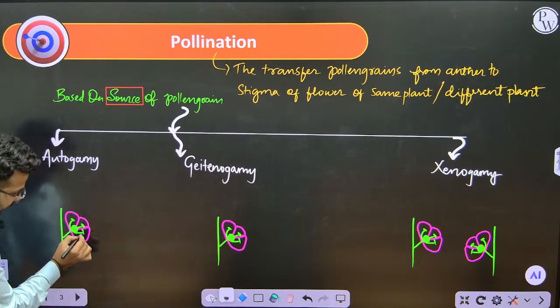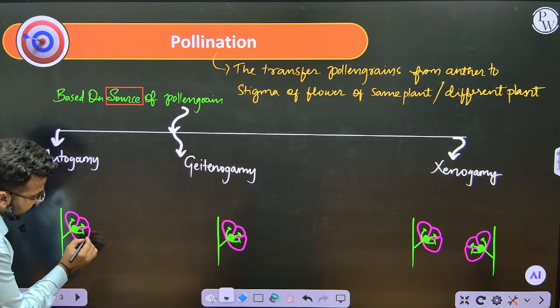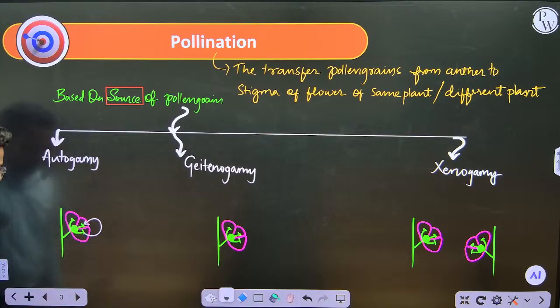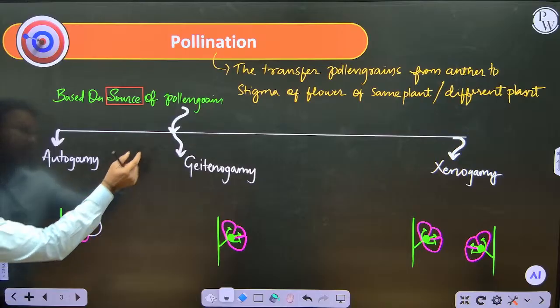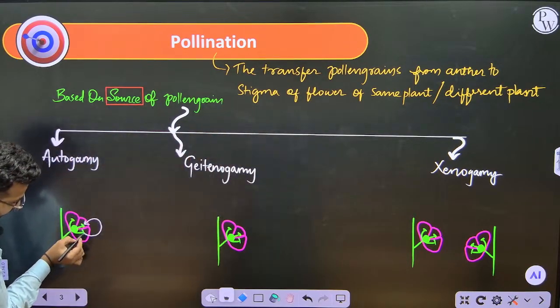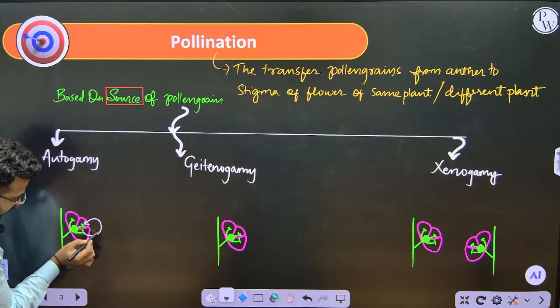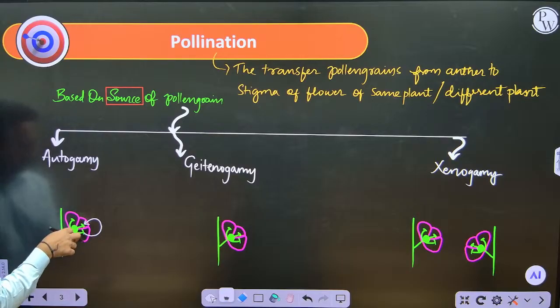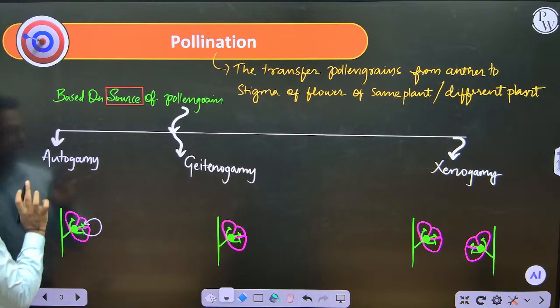So now the pollen grains are coming from the same flower. The transfer of pollen grains from anther to the stigma of the same flower of the same plant of the same species is autogamy.